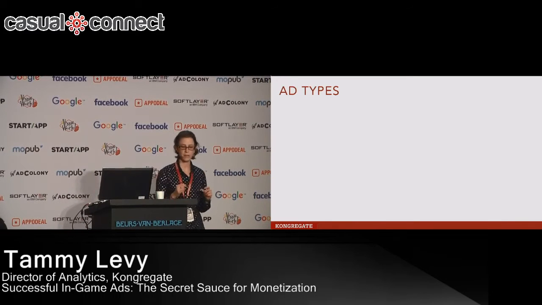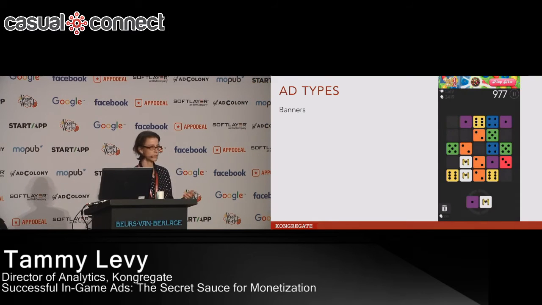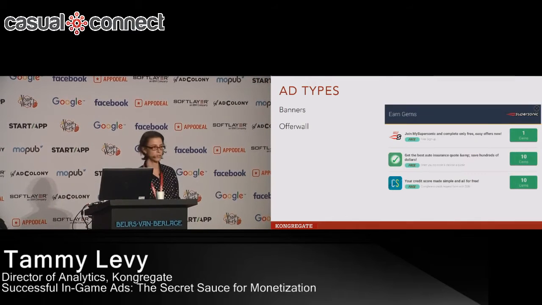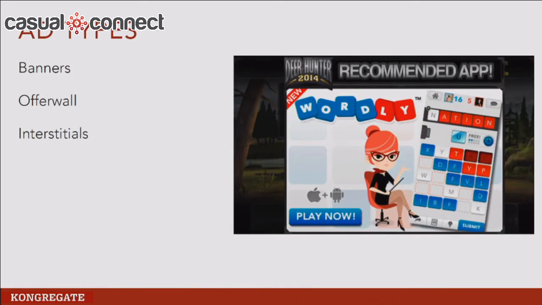It is important to note that when we talk about ad types, there are several types of ads. First, we have banners. Those are the banners at the top or bottom of the screen. There's also offer walls. These are sets of offers that in exchange, players can get some premium currency. These are more well known on web games, but we've integrated them in a couple of our mobile games and have seen really good results. There's also interstitials.